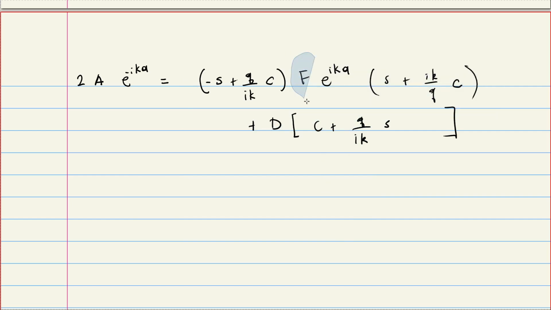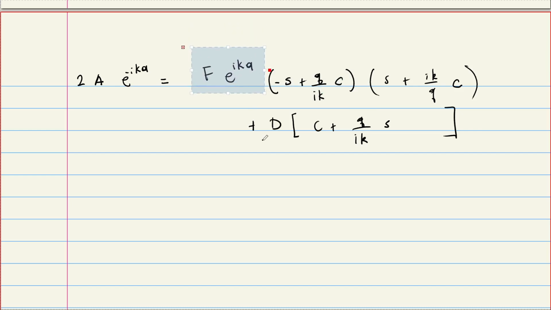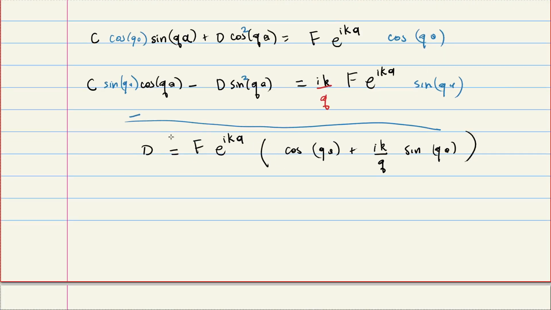Actually, let me also push this like this. Something like that. You can see this F e to the ik minus S plus C, S plus C. Now I will do the same thing for D. So this is my D.